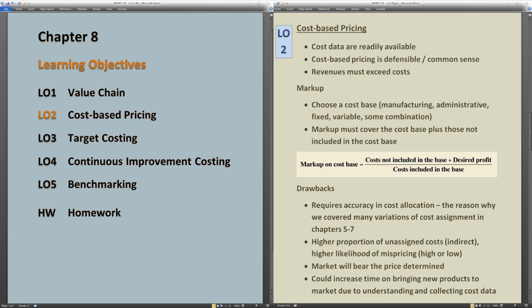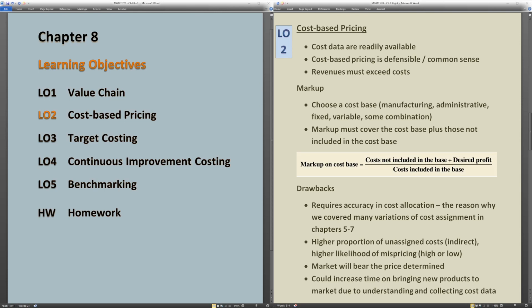Our equation is going to be cost not included in the base plus desired profit, over the cost included in the base. We'll revisit this equation, but just realize we're going to pick a base and we're going to have a profit, and we're going to use those to figure things out. So cost-based pricing, there are some drawbacks. It requires accuracy, and that's why we spent the last 3 chapters defining multiple ways in which we can figure out the most accurate way to allocate all these costs.